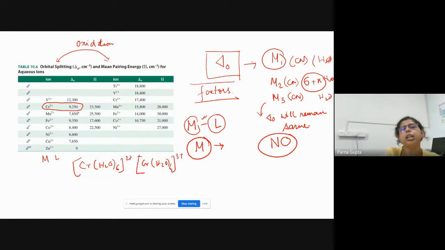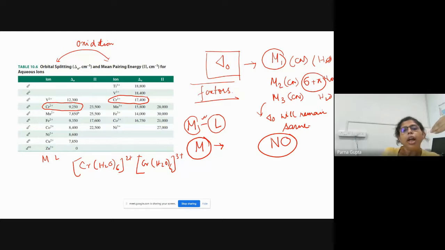Six water ligands, the same chromium, and they are in the octahedral field. The only difference is the oxidation state of the chromium, and you can see how the del 0 value changes. The del 0 value increases a lot from chromium 2 plus to chromium 3 plus.